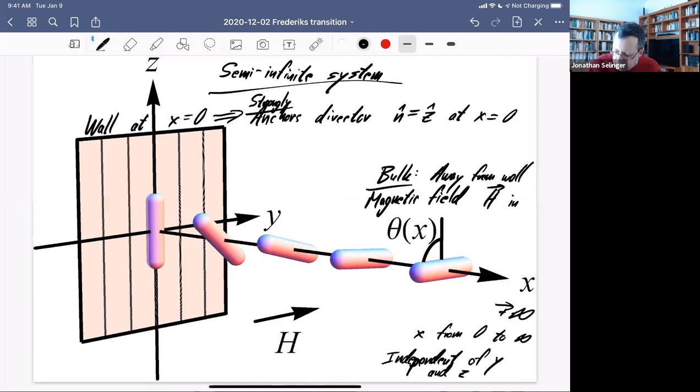That's what's illustrated by this arrow for H down there. It's in the y direction. That means, let's say the liquid crystal has some positive magnetic anisotropy, so it tends to align with the magnetic field.